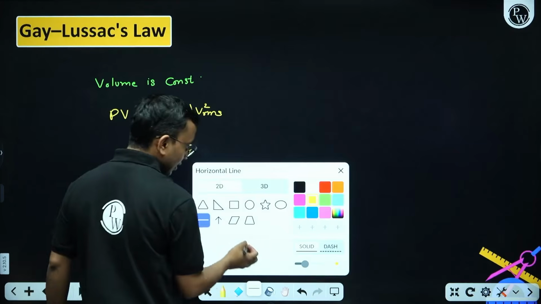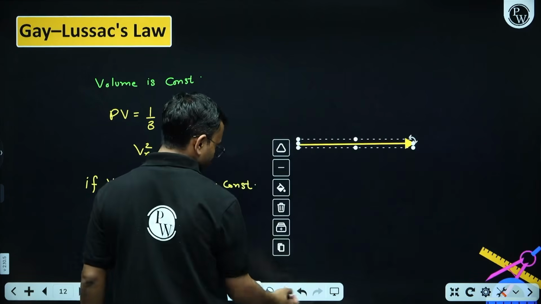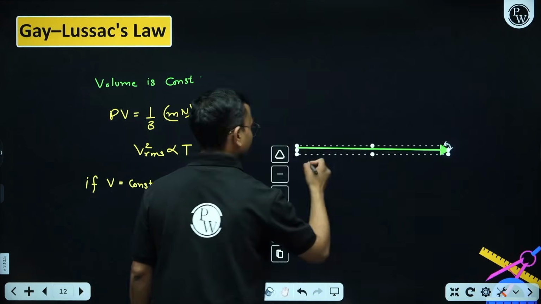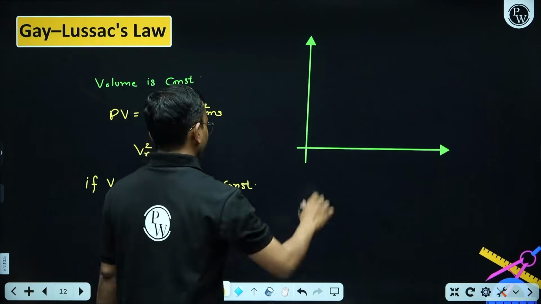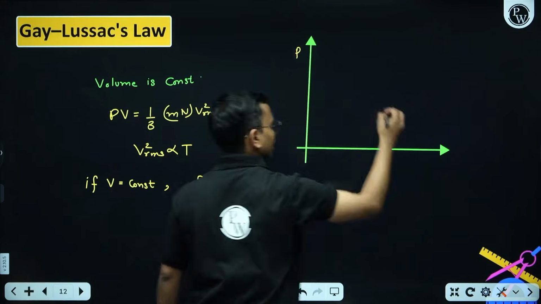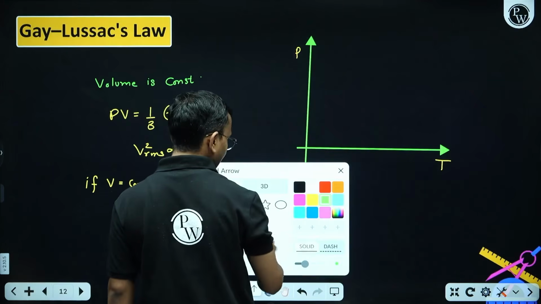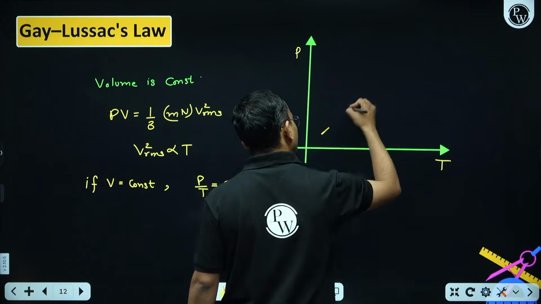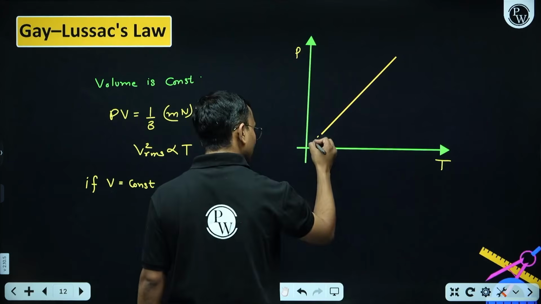Again, draw that curve. Let us take the same color. Here let us take pressure, here I am taking temperature. Now P by T is constant, so take a straight line here, passing through the origin.